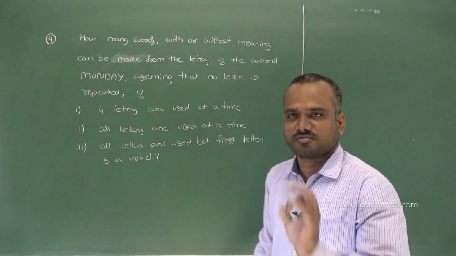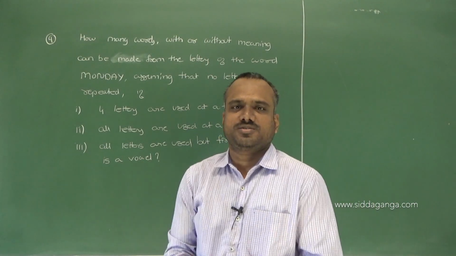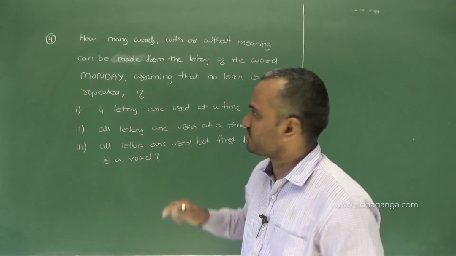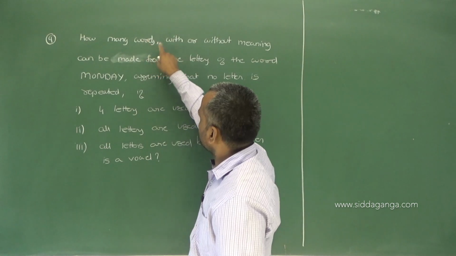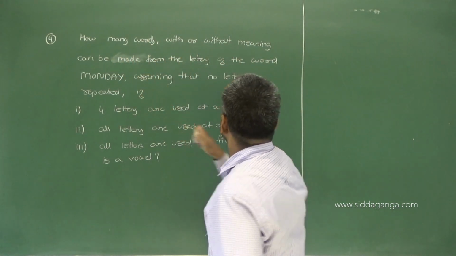See this question first. How many words? Same type of question we discussed in the previous problem, but three questions are there. How many words with or without meaning can be made from the letters of the word MONDAY?